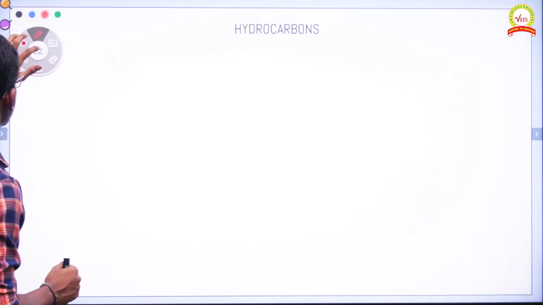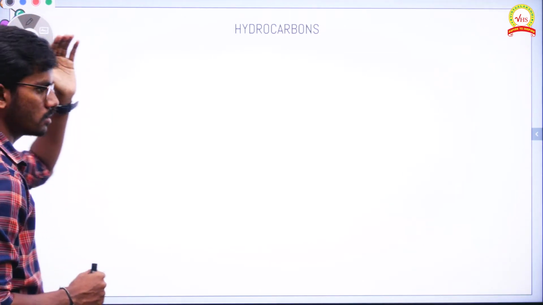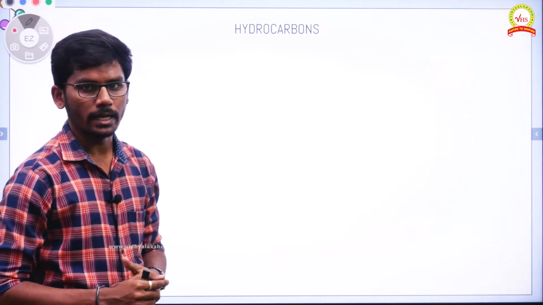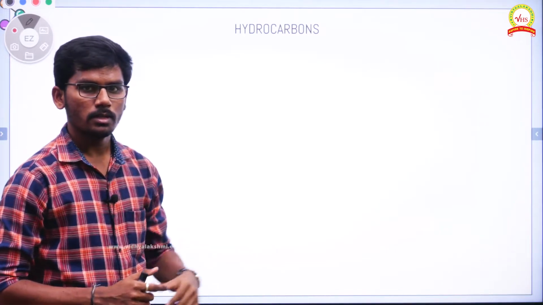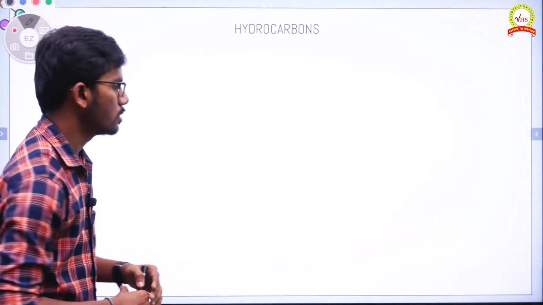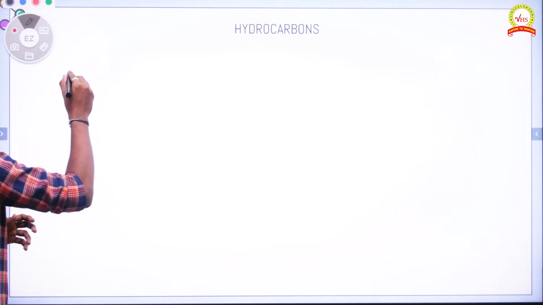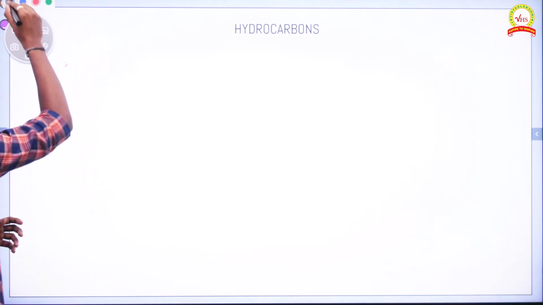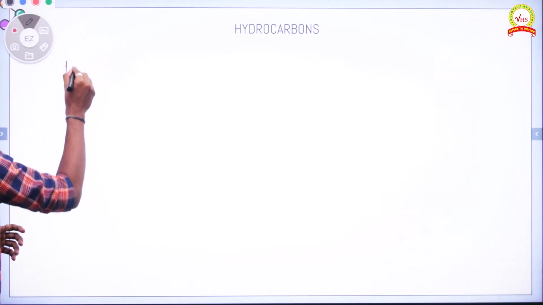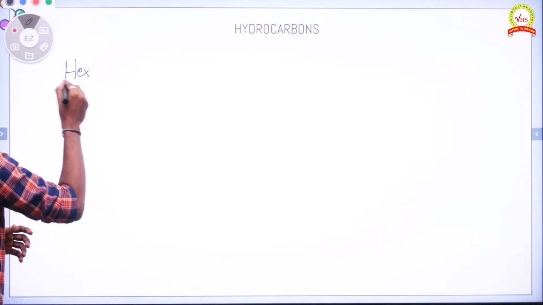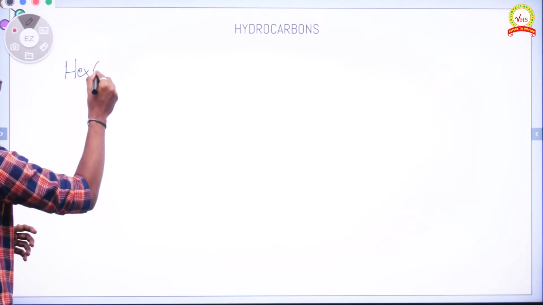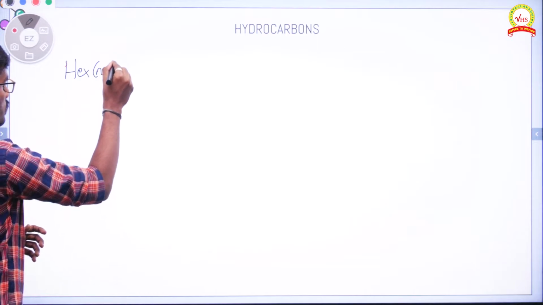The same way I am going to draw it for 6, 7, 8, 9 and 10, and we are going to apply the same formula for those compounds. Okay, so for 6, the prefix word is going to be hex, n is equal to 6.